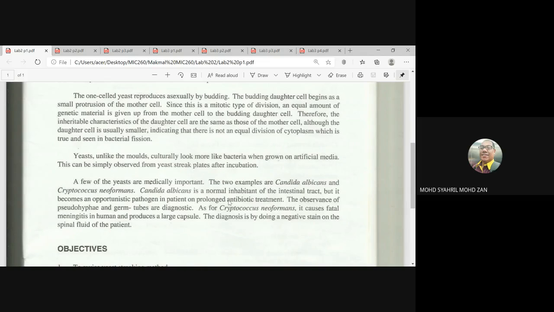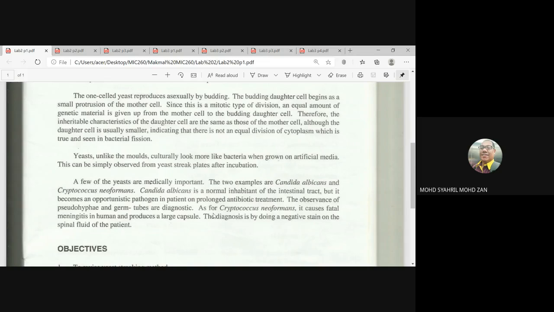So cara kita nak bunuh dia gunakan antibiotic treatment, but in this case we have to use it prolonged. So the observation of pseudohyphae and germ tubes are diagnostic. So walaupun kita katakan yeast tu lebih kurang bakteria, tapi yeast ada juga ciri-ciri fungi. Contohnya adalah pseudohyphae. So bila kita tengok gambar-gambar yeast, mesti ada pseudohyphae. So that's why kita kelaskan dia sebagai fungi.